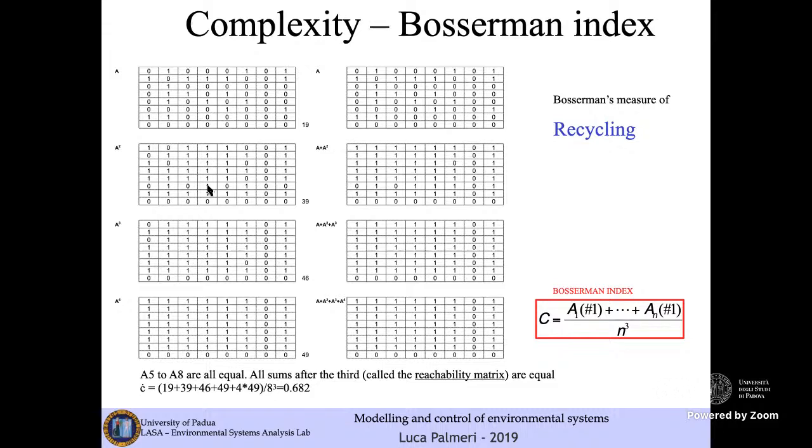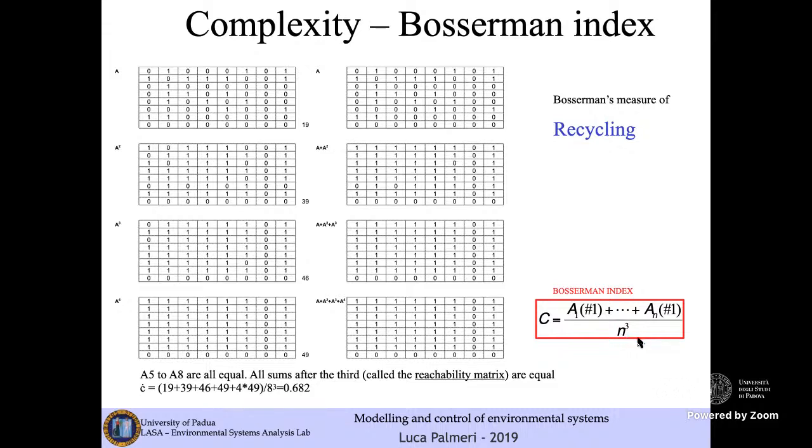And by making this kind of analysis, I may produce a much more sophisticated index, that is the Bosserman recycling index, that is made up by summing all the ones in the adjacency matrix, the square of the adjacency matrix, going up to the nth power of the adjacency matrix, divided by n to the cube.